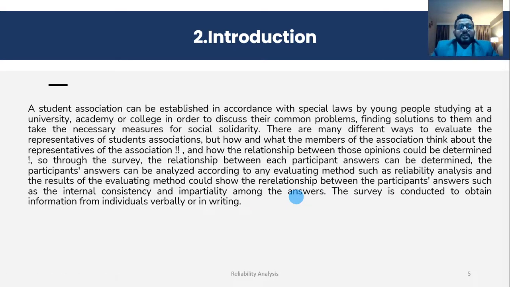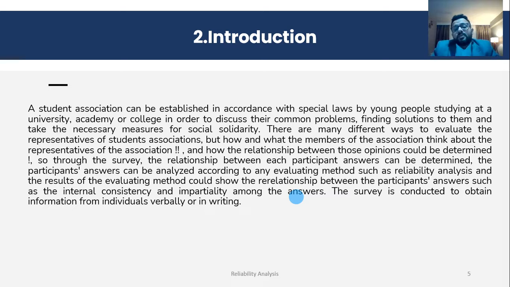Introduction. A student association can be established in accordance with special laws by young people studying at a university, academy, or college in order to discuss their common problems, find solutions to them, and take the necessary measures for social solidarity. There are many different ways to evaluate the representatives of students' associations, but how and what the members of the association think about the representatives, and how the relationship between those opinions could be determined?